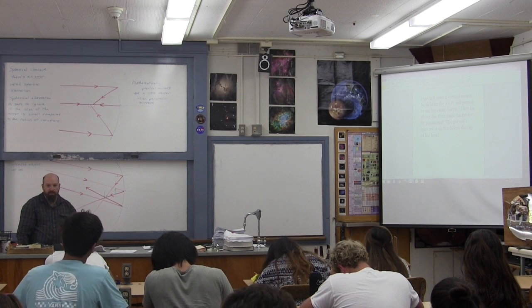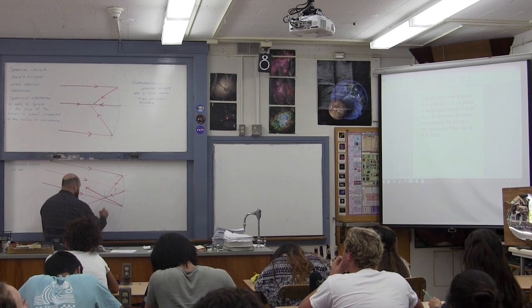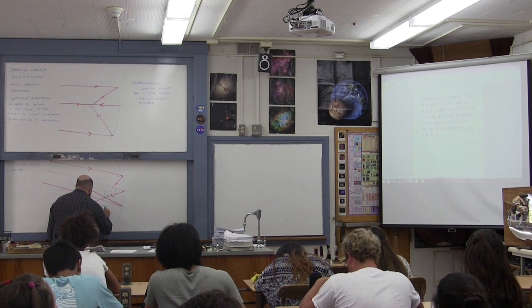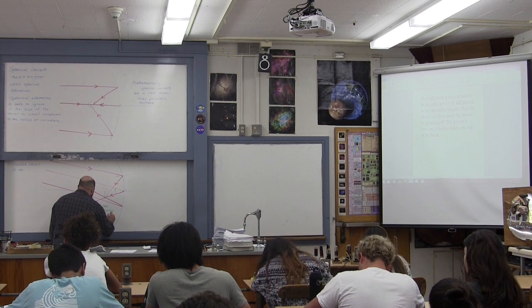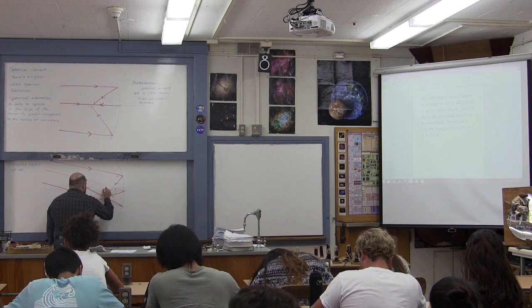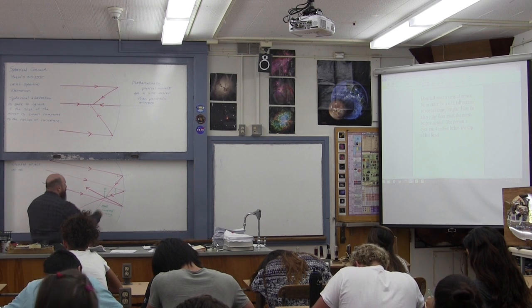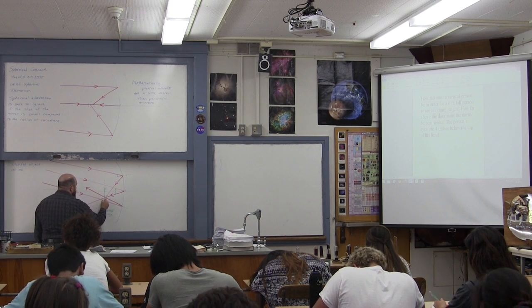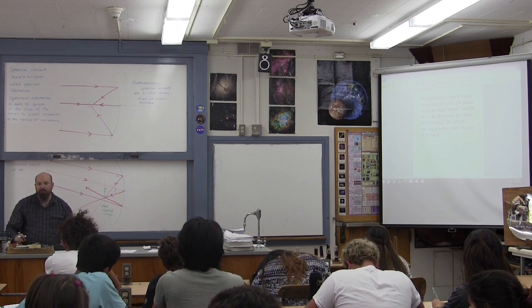It's still a real image, but it's upside down. It's inverted, as we say. You end up with a real inverted image. Where right here is the focus, once again from earlier, and then this plane where the image forms, those of you into photography, is called the focal plane.